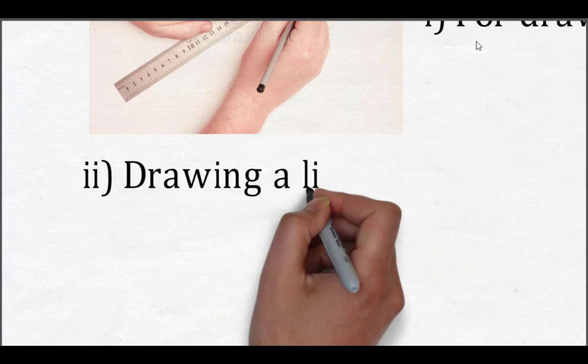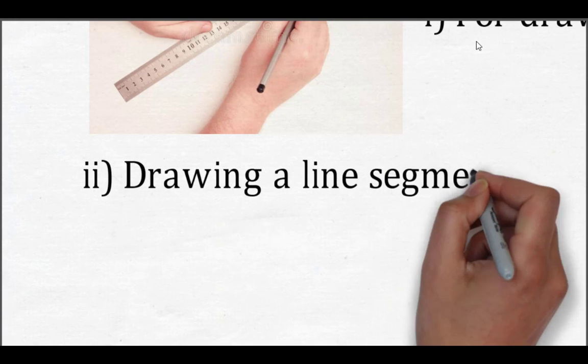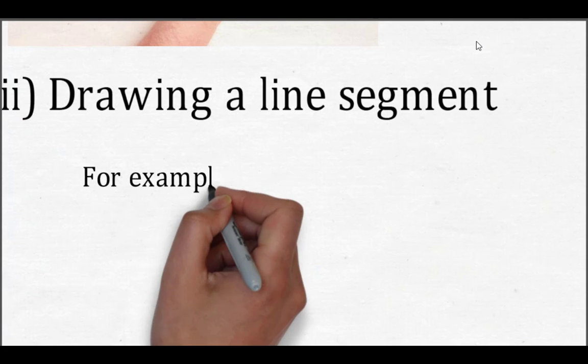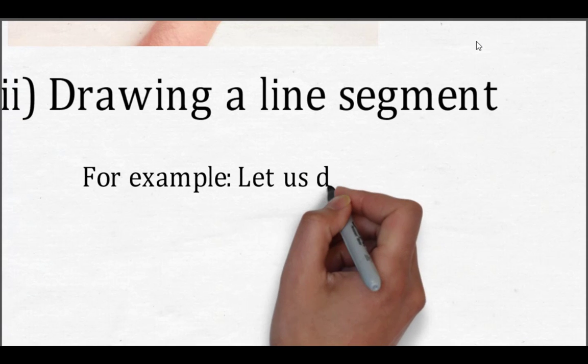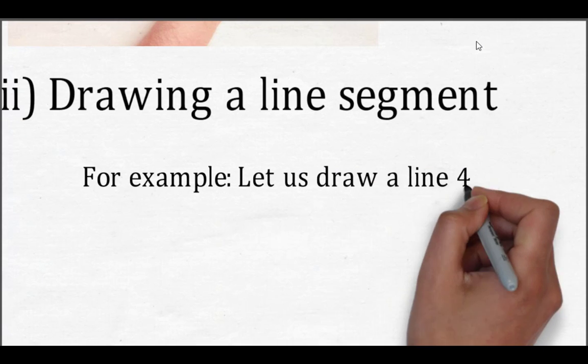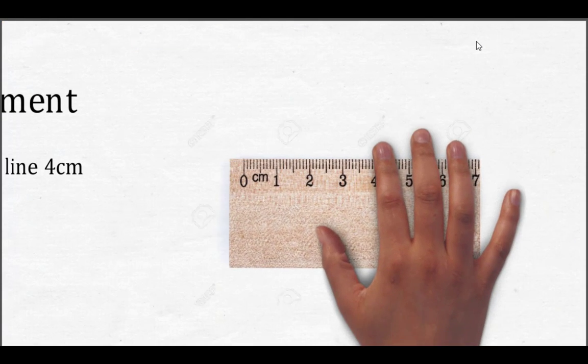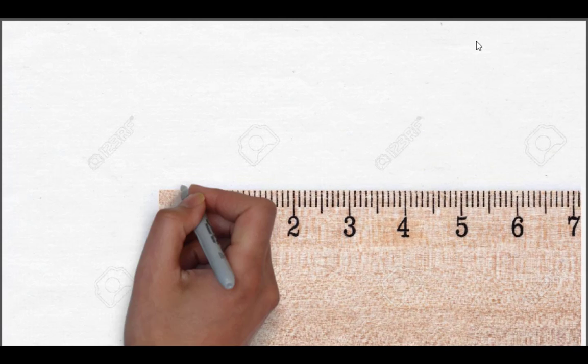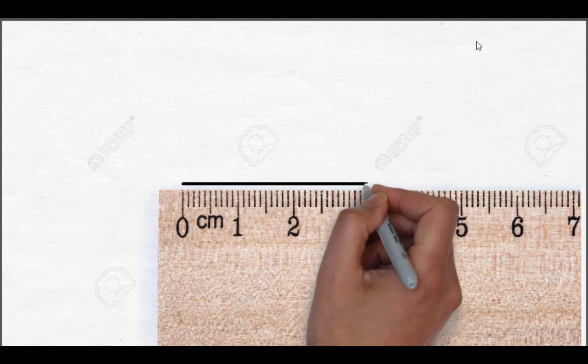And number 2, drawing a line segment. What is a line segment? We used to draw a specific line. For example, let us draw a line 4 centimeter using a scale. We will draw a line starting from 0, from the base, up to 4, which is 4 centimeter.